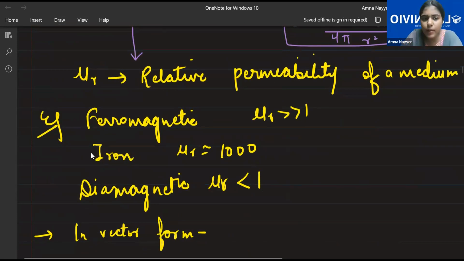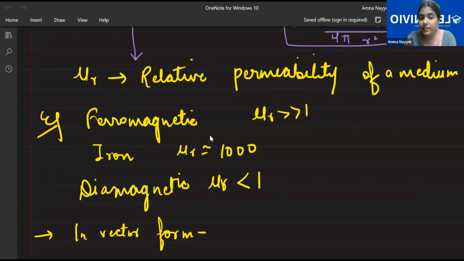In the next chapter, we'll see various kinds of substances like diamagnetic, ferromagnetic, paramagnetic, and all different types of substances. For them, the relative permeability plays a crucial role, and you have to remember the values, as in certain ranges, so that you can compare the different materials, not exactly one particular value.